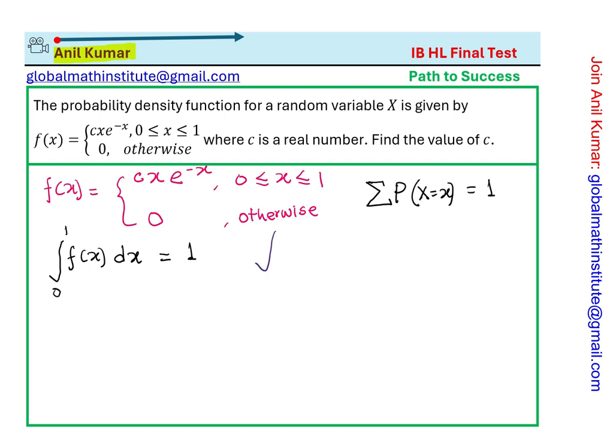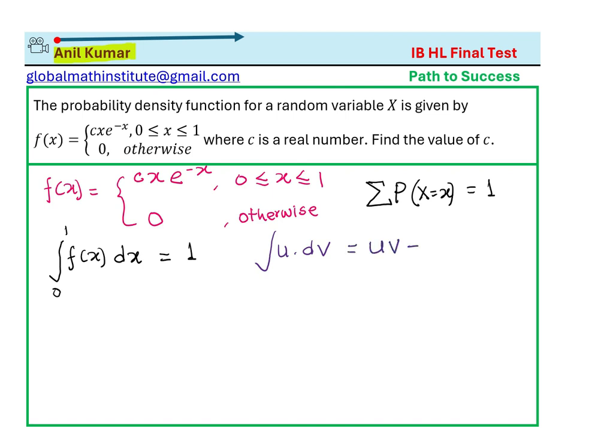Here is the formula. Integral of u dv equals uv minus integral of v du. So that is the concept.